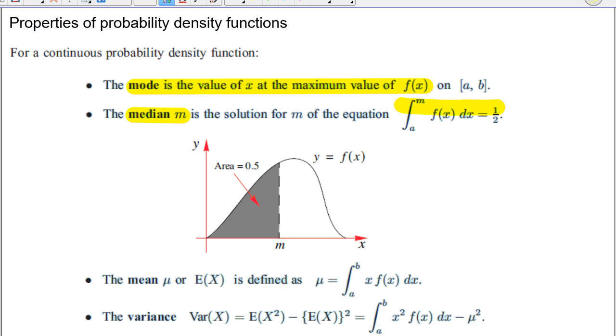Then the mean is given by this formula again. It's in your formula booklet. And the variance is given by this formula here, which is also in your formula booklet. We'll apply all these formulas in the examples on the next pages.